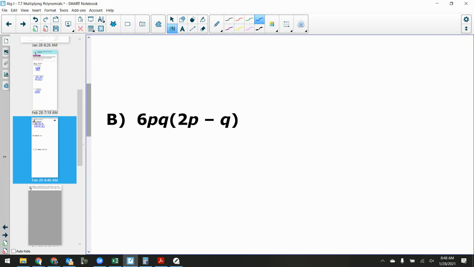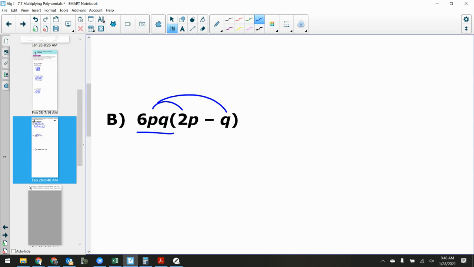See, the issue here now is we've got not just a single constant monomial on the outside. It's now a multivariable thing going on. I've got p's and q's. Still just do the distributive property. Let's distribute it in. But now we have to be just a little bit more careful.